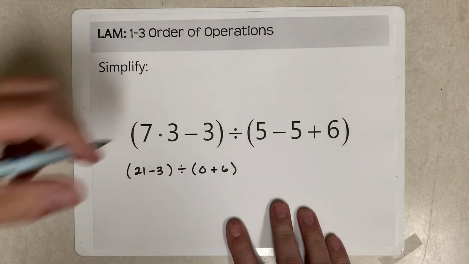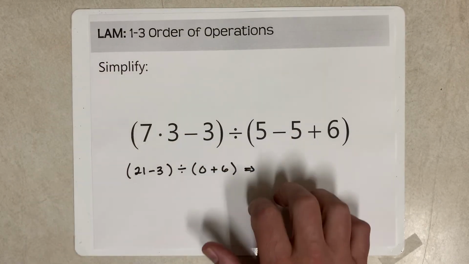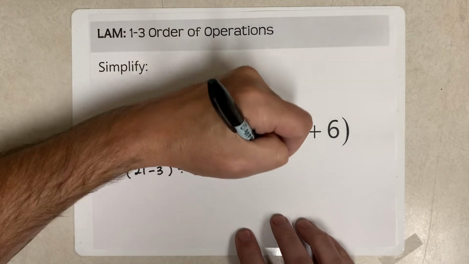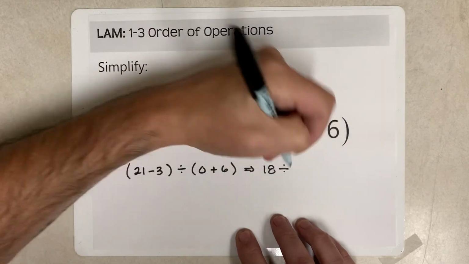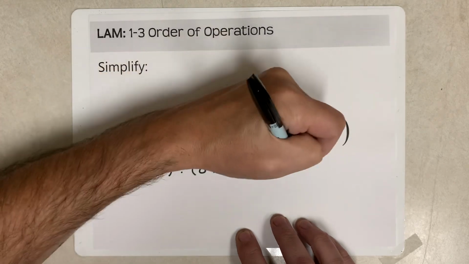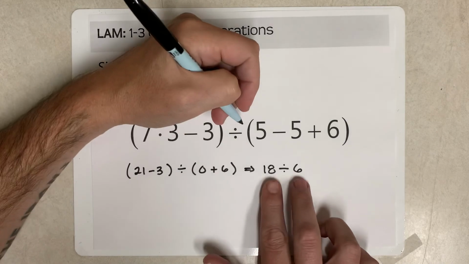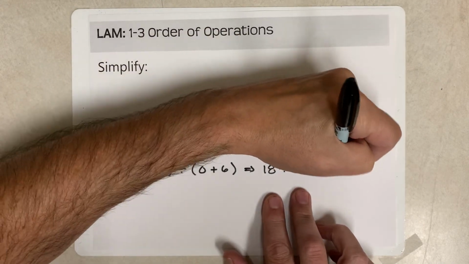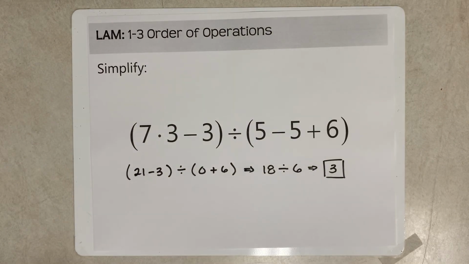Okay, so now, let's see what we got. 21 take away 3 is 18. It's positive, so I can just leave it like that. Divided by 0 plus 6 is 6. That's your additive identity. And then finally, 18 divided by 6 is 3. And so we got a nice number at the end. And so that is the order of operations, a bunch of examples.